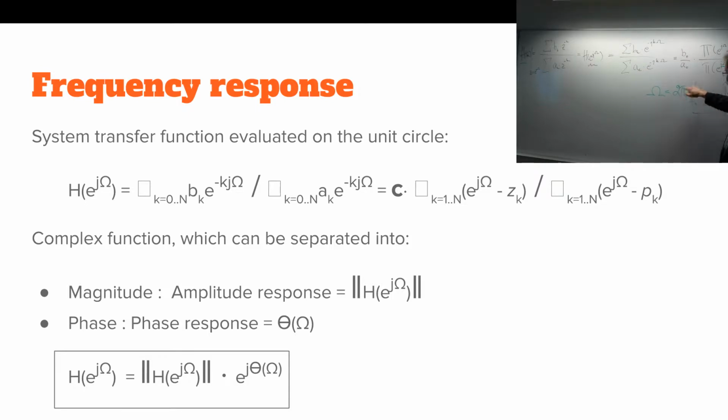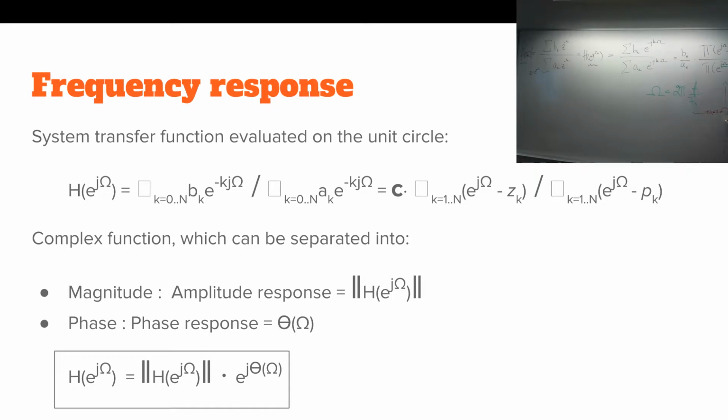Actually omega, which is the angular frequency, and the normalized frequency, is 2 pi times physical frequency divided by the sampling rate, which basically means that on the upper half you have frequencies from 0 to pi, and pi is the same as sampling rate over 2, which is the Nyquist frequency.